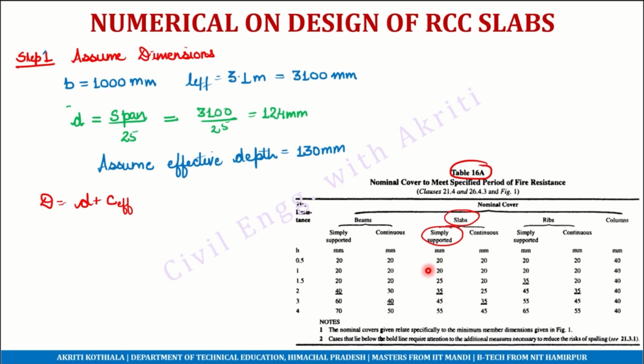The minimum value is 20, so we just have to assume a cover greater than 20. I'm assuming a cover of 30 millimeters, which makes the calculation easier. So the overall depth, capital D, is equal to 130 plus 30, which gives an overall depth of 160 millimeters. Width, as I told you, we will be assuming to be equal to 1000 millimeters. So these are the dimensions.